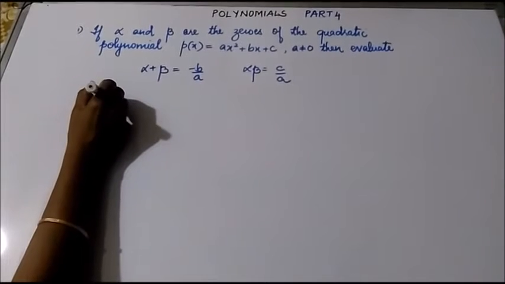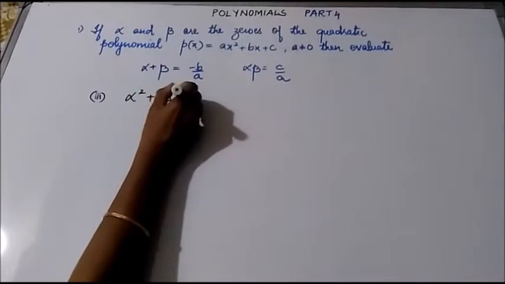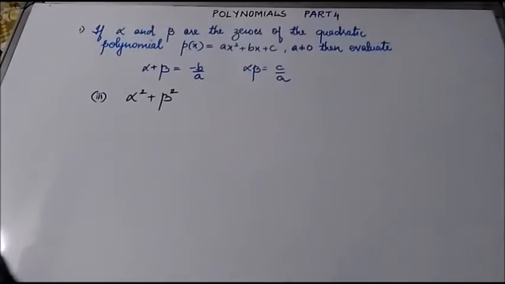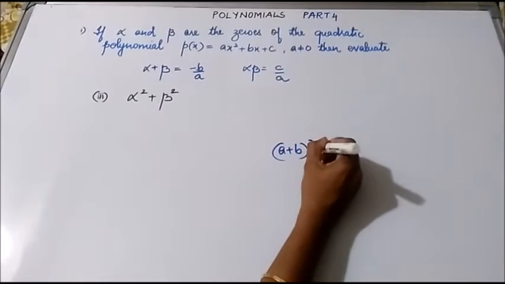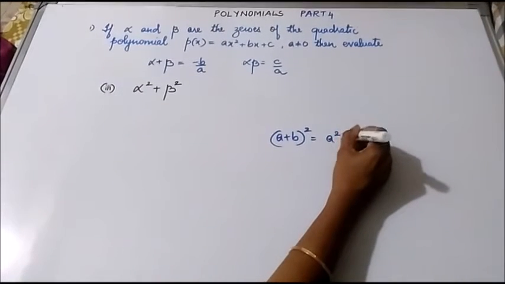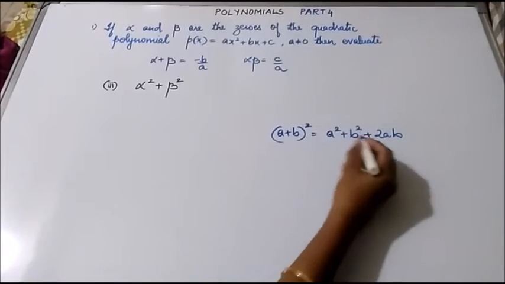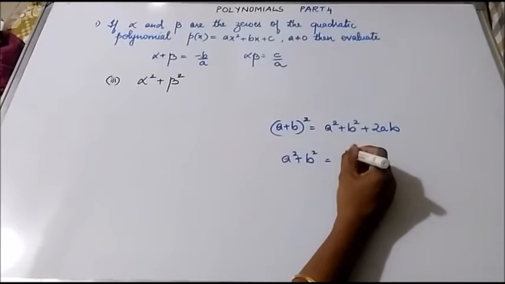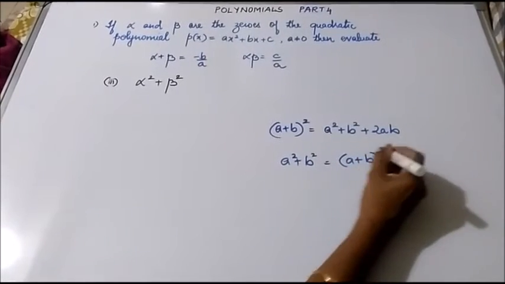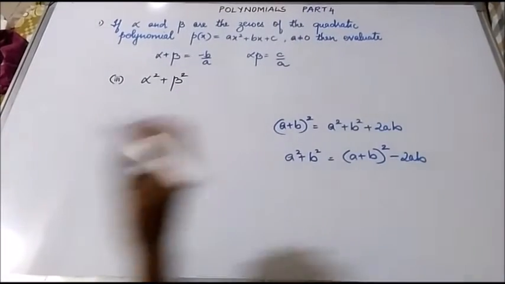The third one, alpha square plus beta square. Now how do we do this? We know the identity a plus b the whole square is equal to a square plus b square plus 2ab. So from this what you get? A square plus b square is equal to a plus b the whole square, plus, when it comes to the other side, it becomes minus.